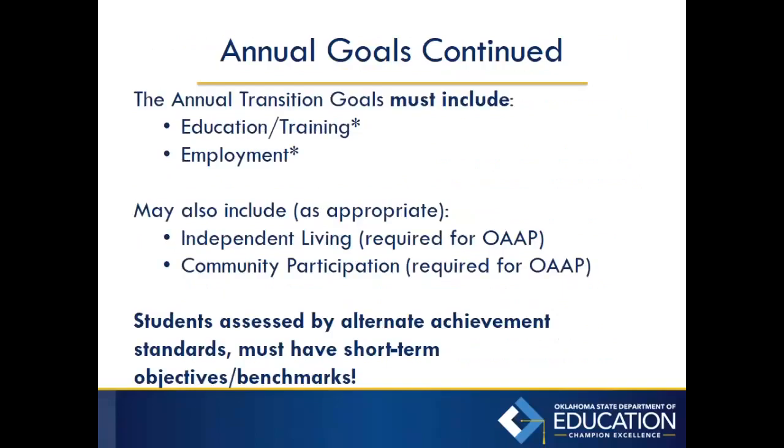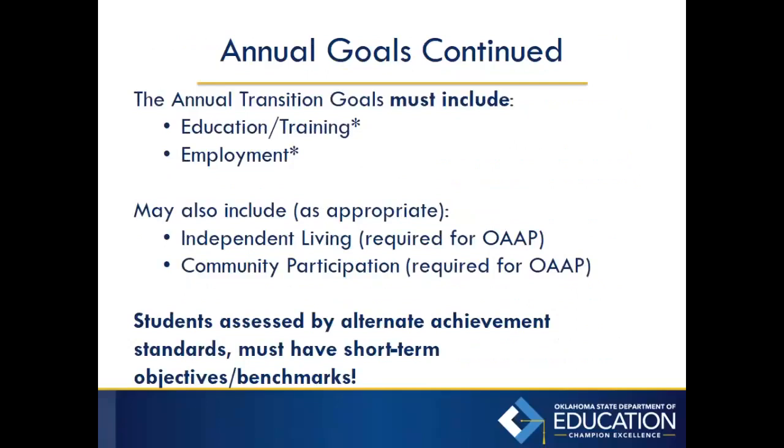All students must have annual goals in the areas of education, training, and employment, and may also have annual goals in independent living and community participation. And remember, each one of these aligns with those post-secondary goals in those same areas.